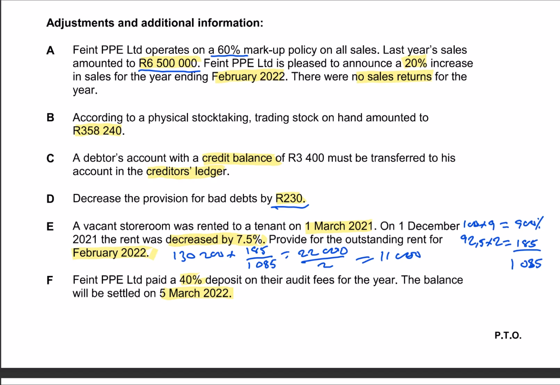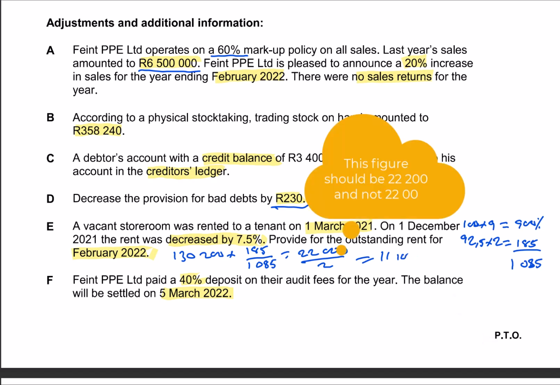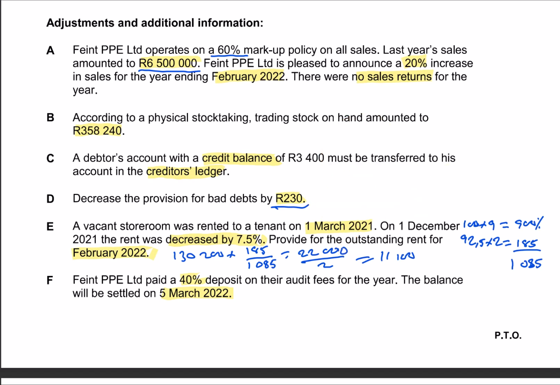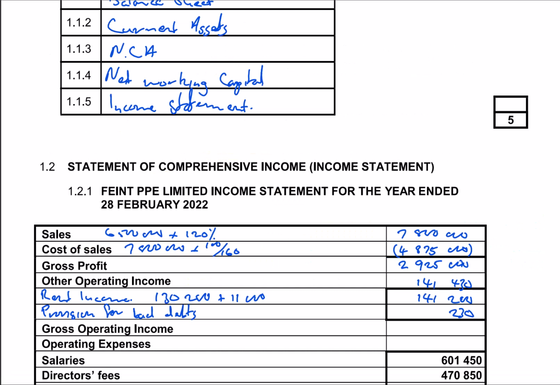Now this is 22,100, not 22,000. So the monthly is 11,100. Right, so that will be 11,100. Then this as well will be 11,100. Right, then that will be 300. And that will be 530. Right, thank God I saw it early.